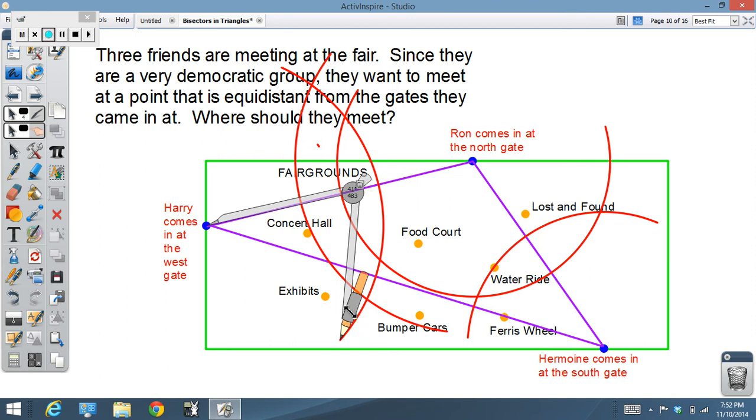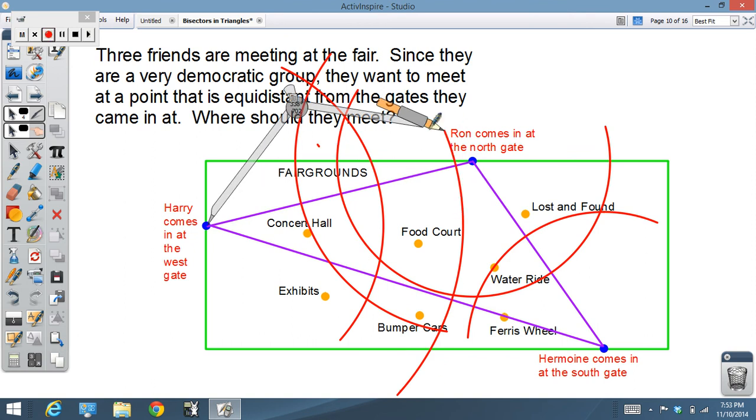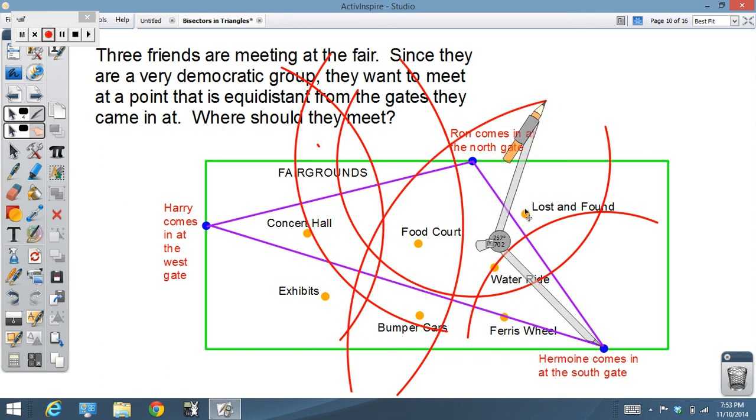Now let's create our third arc over here. It's going to be too hard to draw that, but in the interest of time, we're just going to move on here. Okay, we're going to connect the dots and form the three perpendicular bisectors.